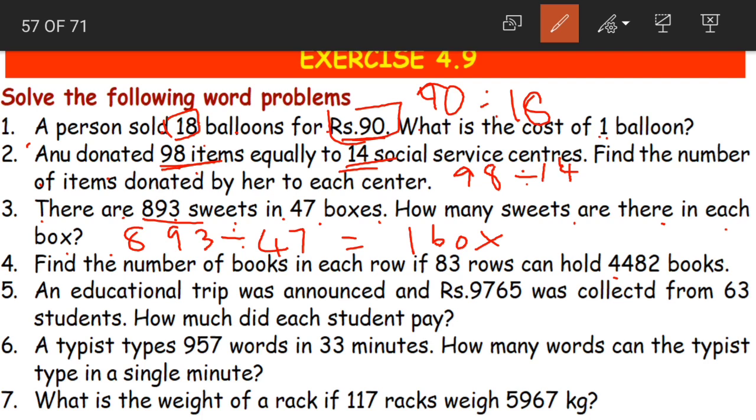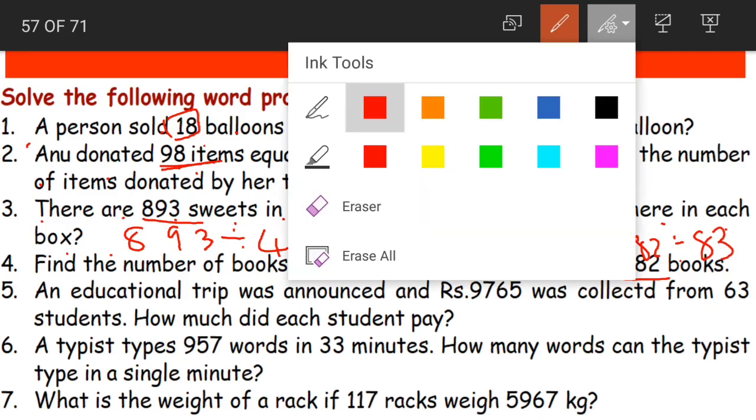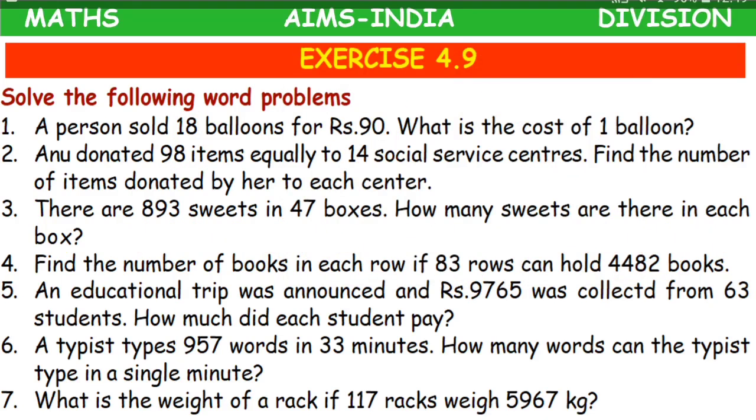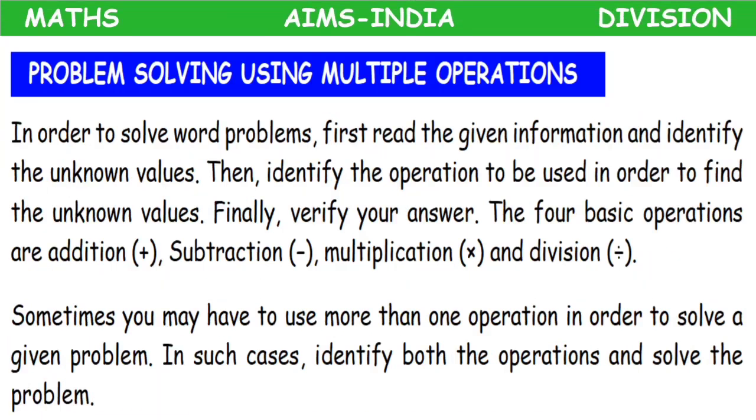Yes, the total number of books and the total number of rows is given. Again, divide the total number of books by the total number of rows. Next, in the same way, the remaining 3 questions are also to be solved, children. All these are based on division only. In each word problem, you have to use the division operation to solve the question.